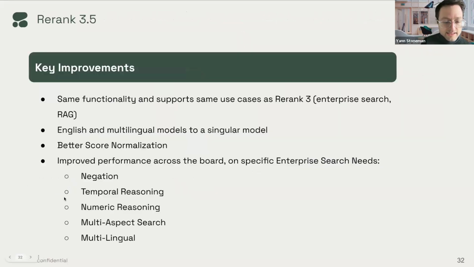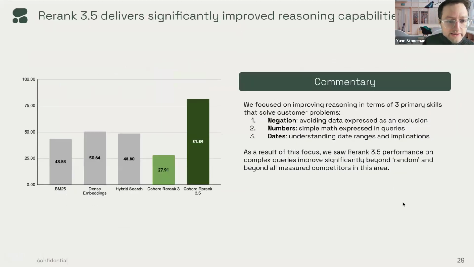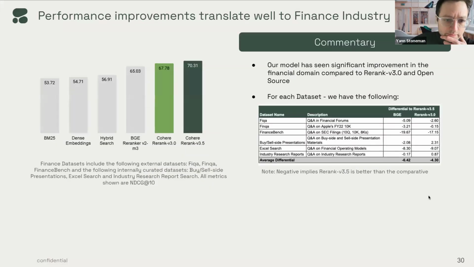And let's look at the finance benchmark. What this translates into for finance is when you have understanding of dates and numbers and actually reasoning over those numbers. Of course, that's great for financial documents like 10Ks.